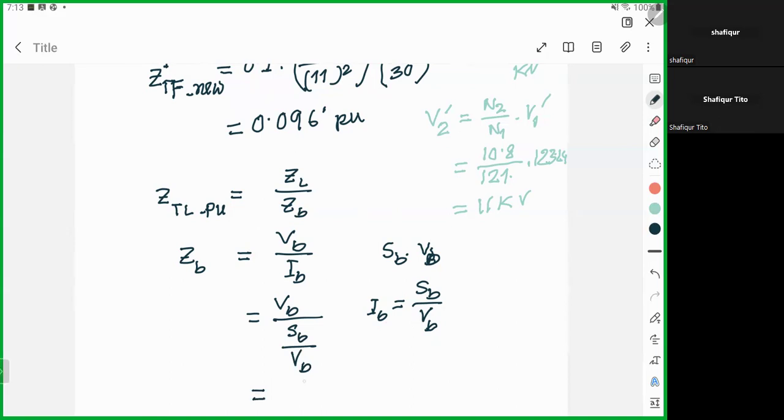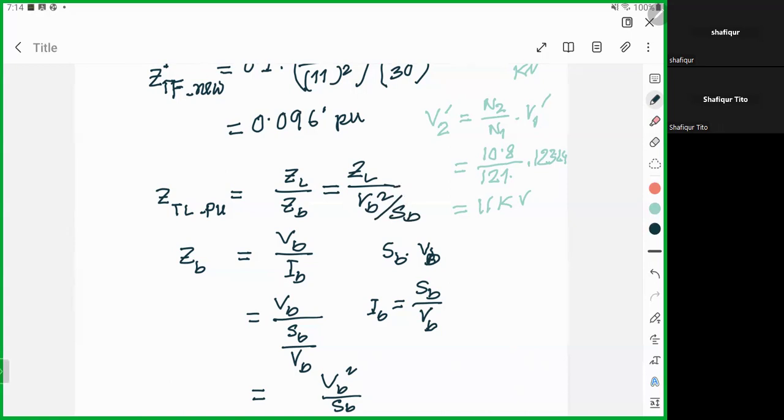So that would be equal to VB square by SB. So this would be equal to VB square divided by SB.